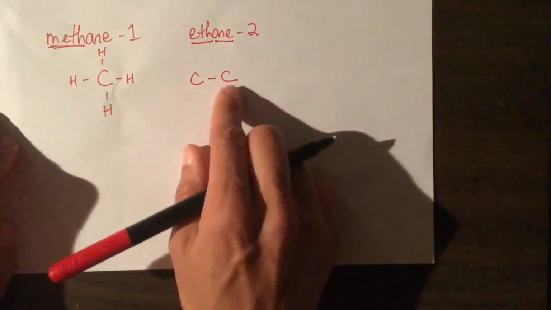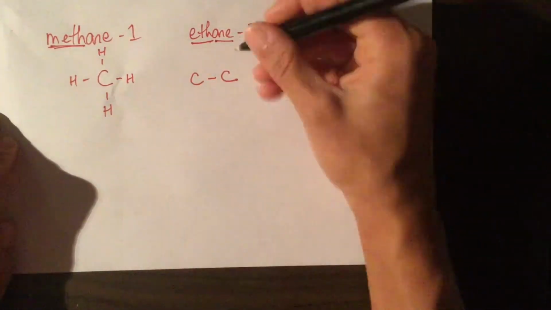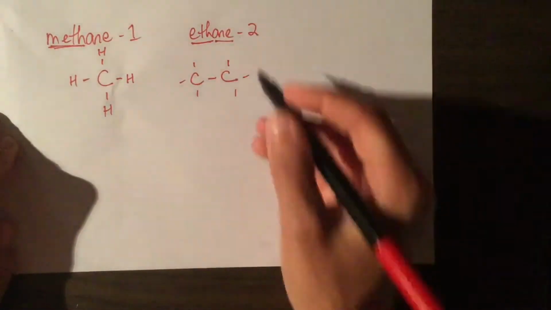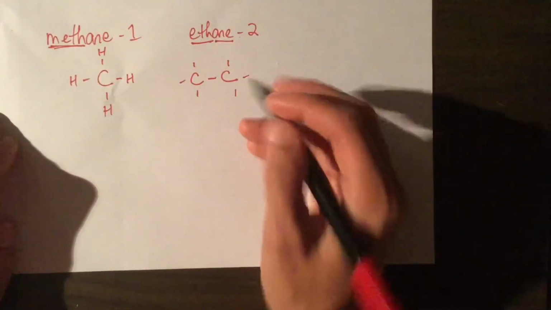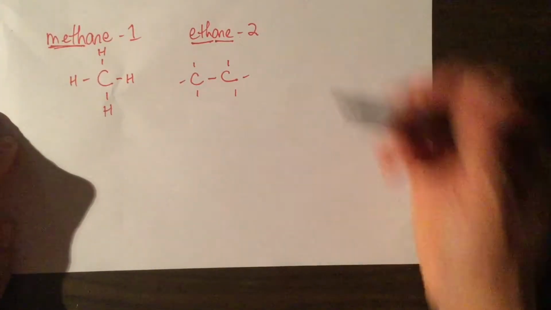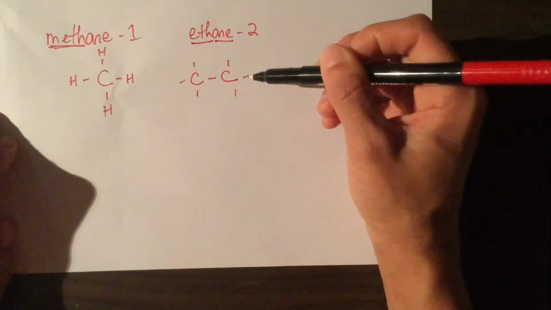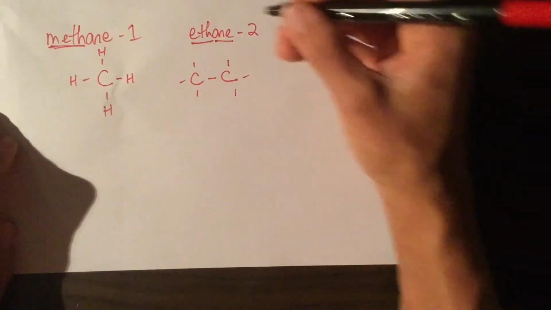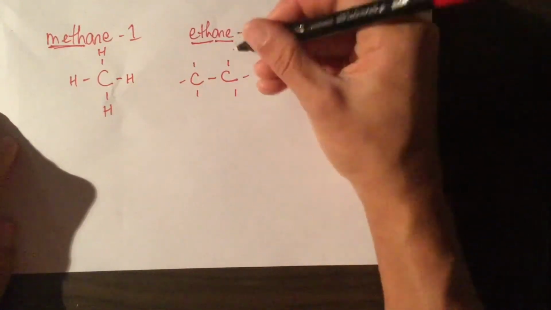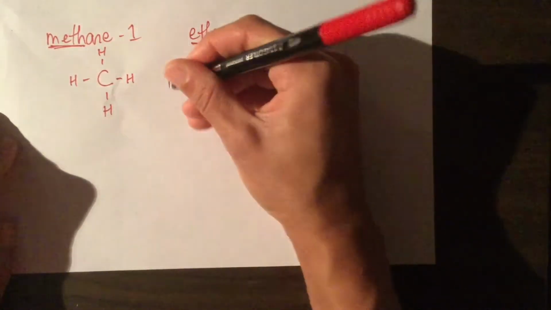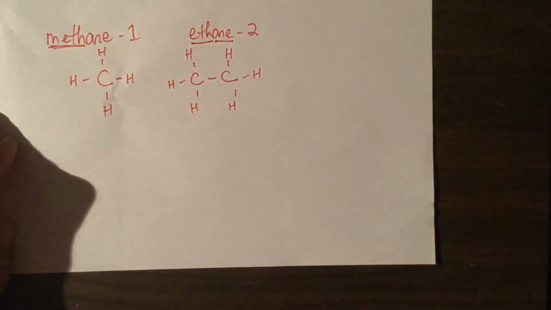Now each carbon has 1 bond, and so I have to add 3 more bonds to each carbon so that each carbon has 4 bonds. Now keep in mind that 1 bond equals 2 electrons. So we still have 2, 4, 6, 8 electrons with each carbon. And just as before, I'm going to add hydrogens to fill up all of those bonds that I have.